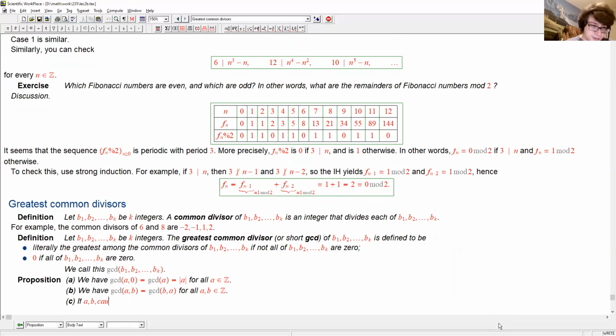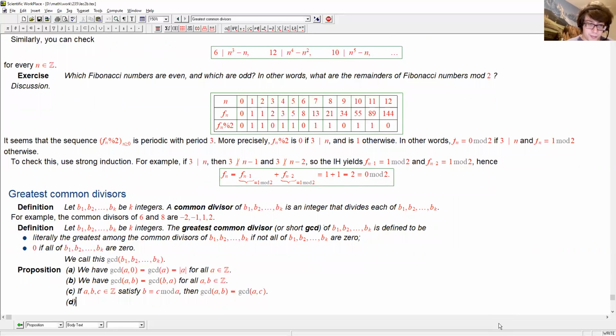Next, if a, b and c are such that b is congruent to c mod a, then GCD(a, b) is GCD(a, c). In other words, in a GCD, you can always replace the second argument by anything that's congruent to it modulo the first argument. And because the GCD is symmetric in the arguments, you can also do it with the first argument. Next.